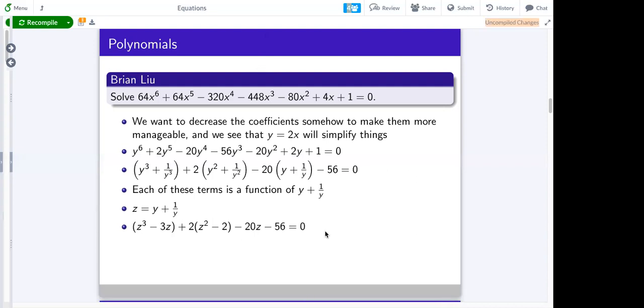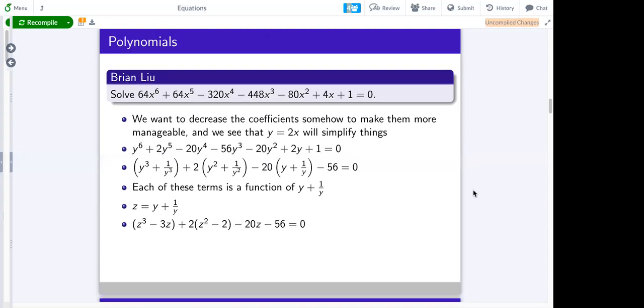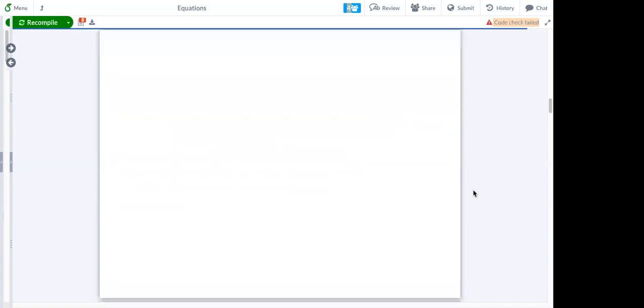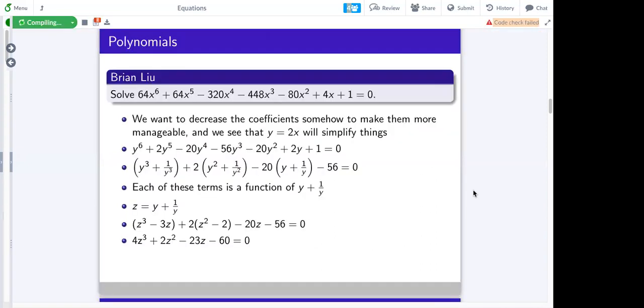And now we just have to expand this cubic and solve the cubic. We get to this cubic, and then we want to solve it. Do you guys have any ideas for how to solve this cubic?